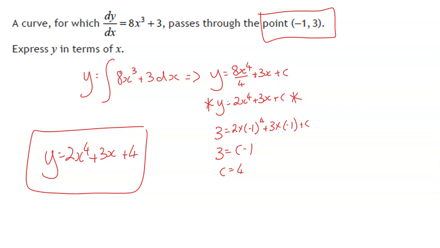And every value of c gives you a different curve. Specifying the point it passes through, the -1, 3, and finding c is equal to 4 tells me the specific curve it is, because it has to be the specific curve of that format that goes through a set point. Because it does that, I'm able to determine c and express y equals 2x to the power of 4 plus 3x plus 4 as my function. So y there is expressed in terms of x as a singular function representing one curve in space.